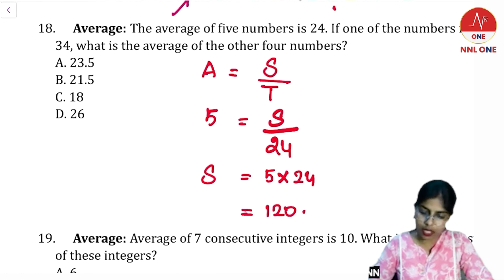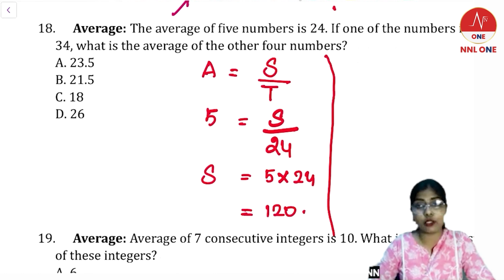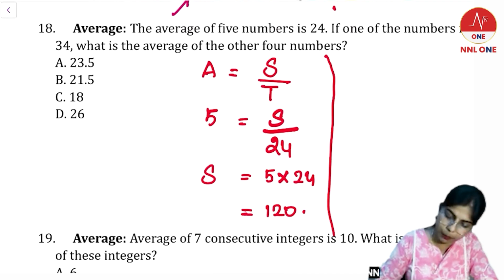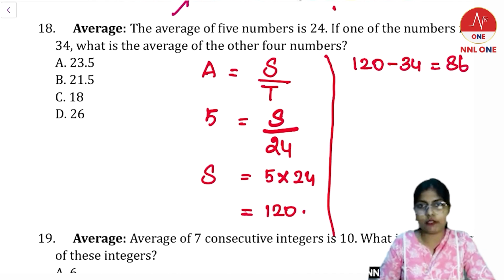What is the question asked here? If one of the numbers is 34, what is the average of the other 4 numbers? The average of the 5 numbers is 24, but one of the numbers is 34. So we subtract 34 from 120. 120 minus 34 will be 86.